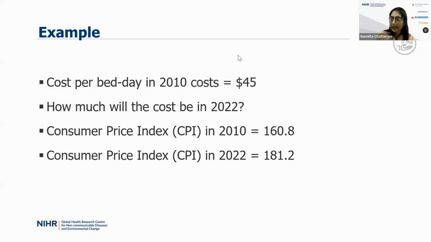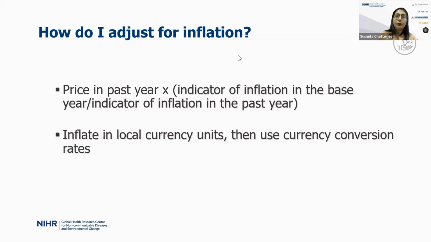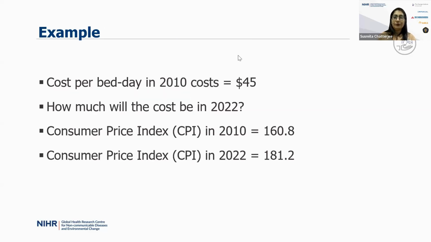$45 is the value in 2010. This is the formula. $45 is the value before. 181 is the CPI in 2022. 160 is the CPI for 2010. And 45 was the value in 2010. I want to know what value 45 becomes in 2022.